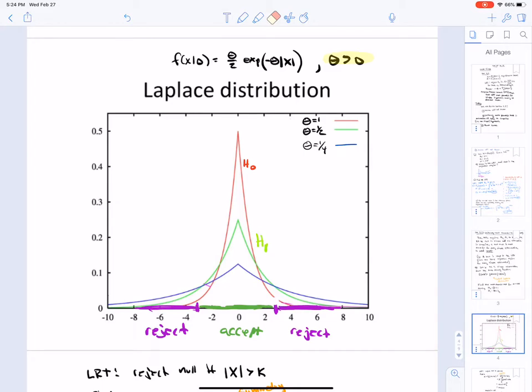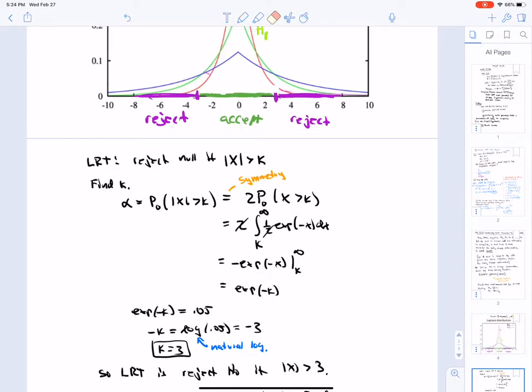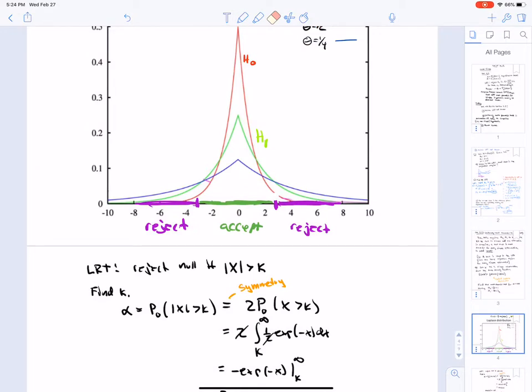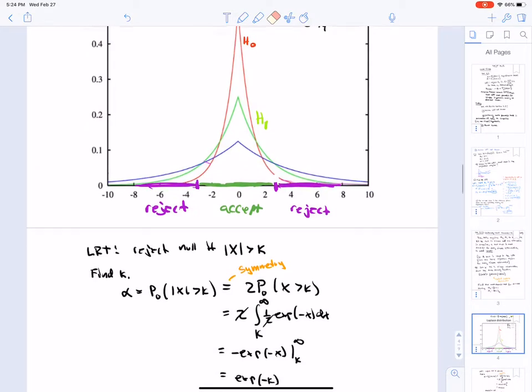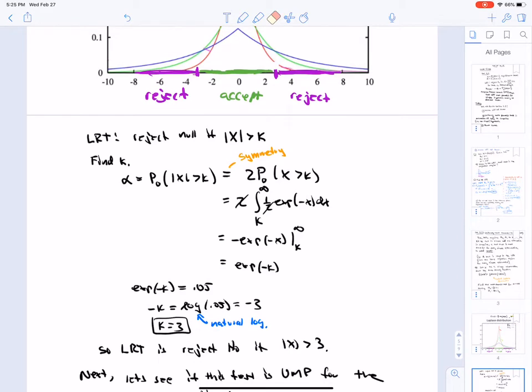So we would accept it there. To find exactly what the cutoff is, we'll have to make a calculation. But our LRT is reject the null if the absolute value of x is greater than k. And so we can find k just by definition of alpha. And we get that k is 3.